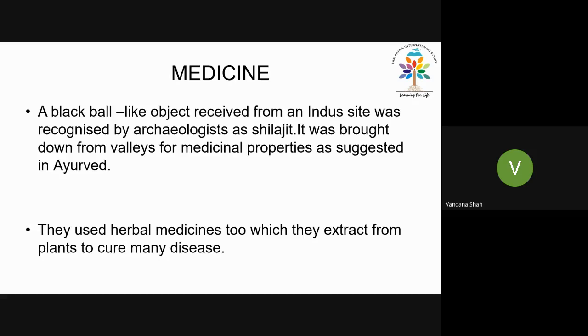The things from stones and rocks, they utilized in many ways. One medicine that was very popular at that time, which archaeologists came to know, was Shilajit. Shilajit is one of the very good medicines in Ayurveda, which cures innumerable things, and that civilization discovered it long back. Either it's herbal medicine, which they knew how to extract from the plant and how to cure. This is because they believed in hygiene, good health, no disease at all. So we can just imagine what that civilization was like.